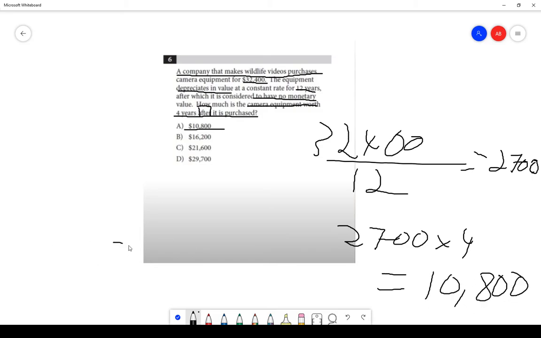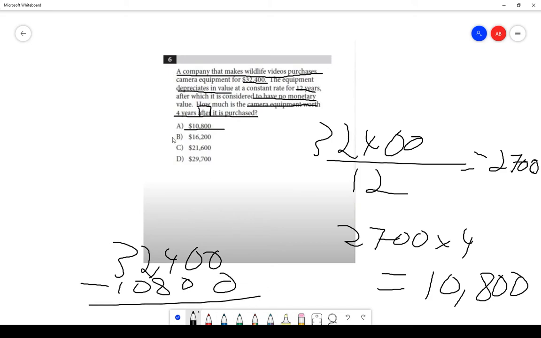And then you do 32,400 minus 10,800, in which you should get 21,600 as your answer, and that should guarantee you the correct answer choice, as you really want to subtract this from the total amount, as the slope is negative.